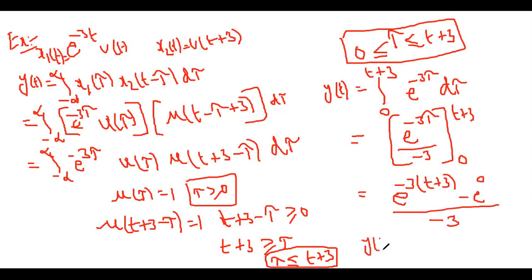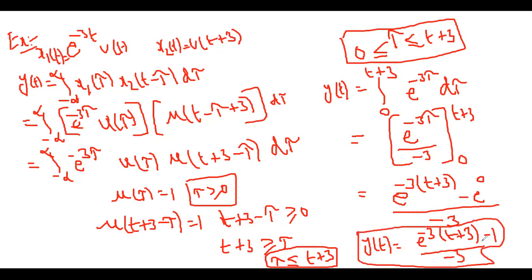So y of t is equal to e power minus 3 into t plus 3 minus 1, by minus 3. Or you can multiply the minus, so y of t is equal to 1 minus e power minus 3 into t plus 3, by 3.